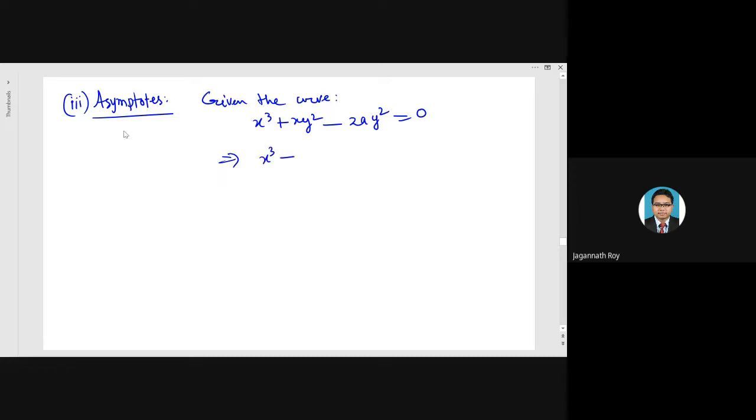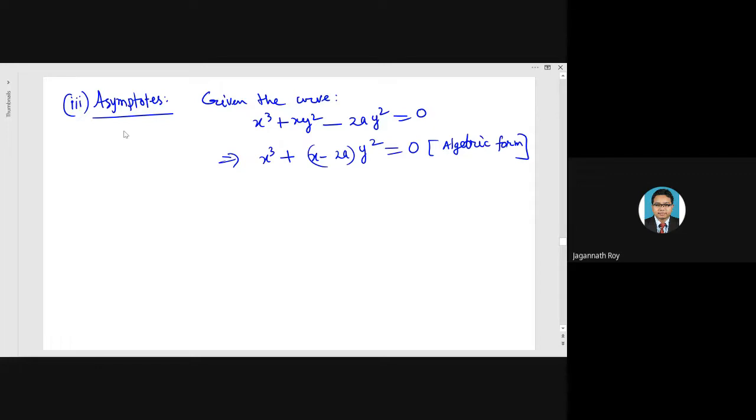This is x cubed plus x y square minus 2a y square equals 0. This is the algebraic form.